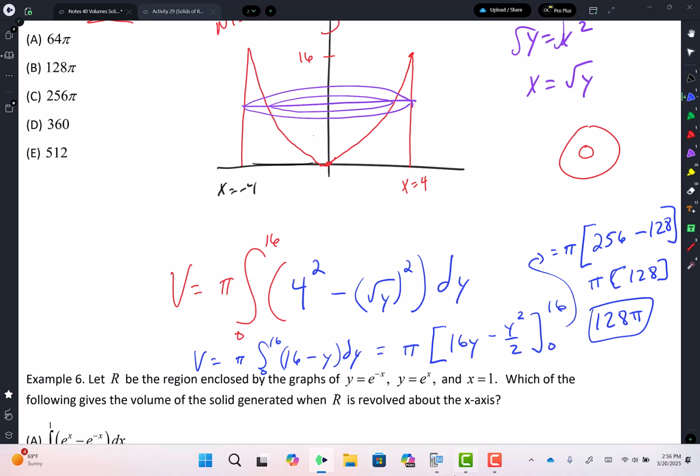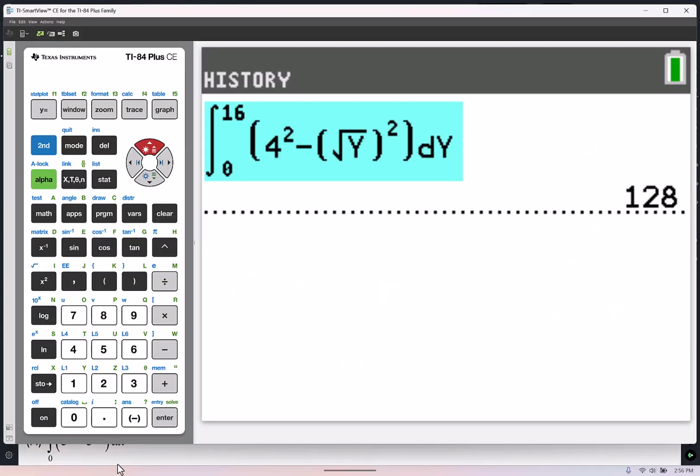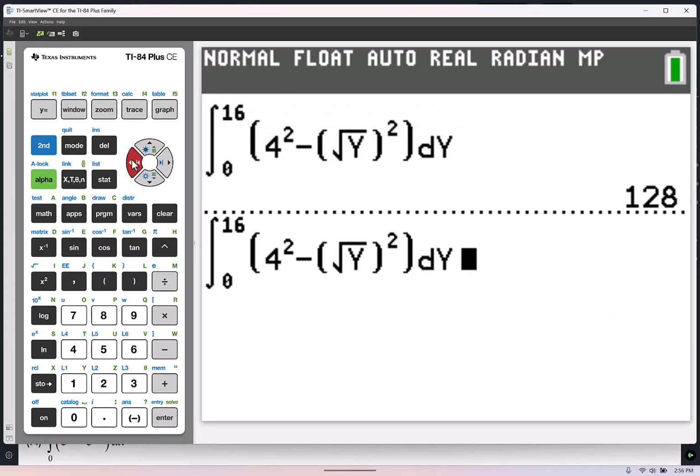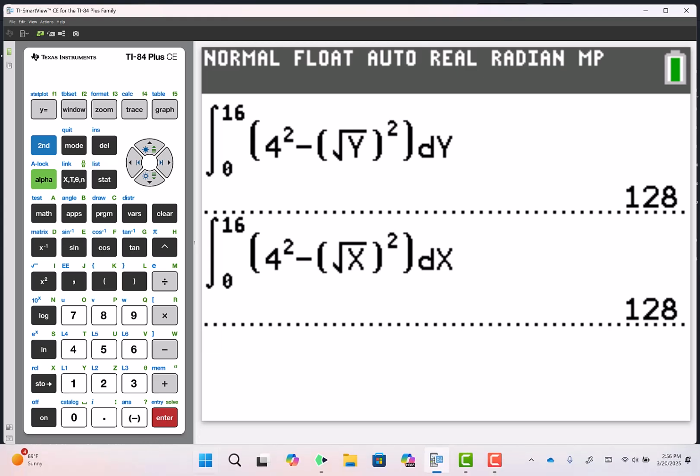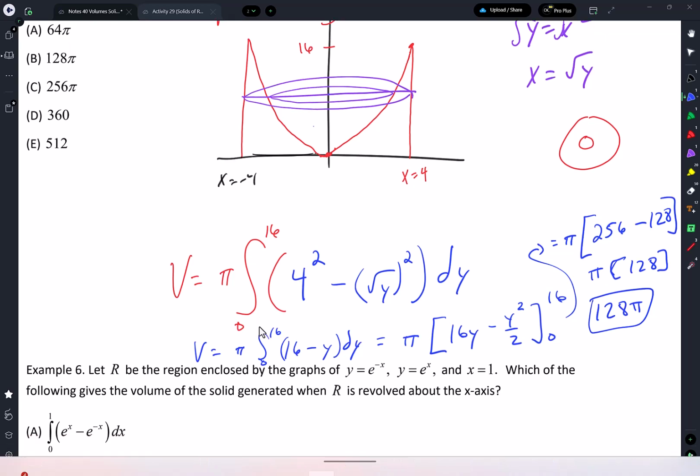It doesn't matter what letter you put in there. I'm just going to push enter. Just push X. Push T if you want. But X is the fastest route. X, and then put X on this guy. See? It doesn't care what letter it is. It's still going to be 128. That is why we call it a dummy variable when we're doing definite integrals. Cool or not cool? Okay. Last one, and then we'll call it a day. I know that you guys are tired.